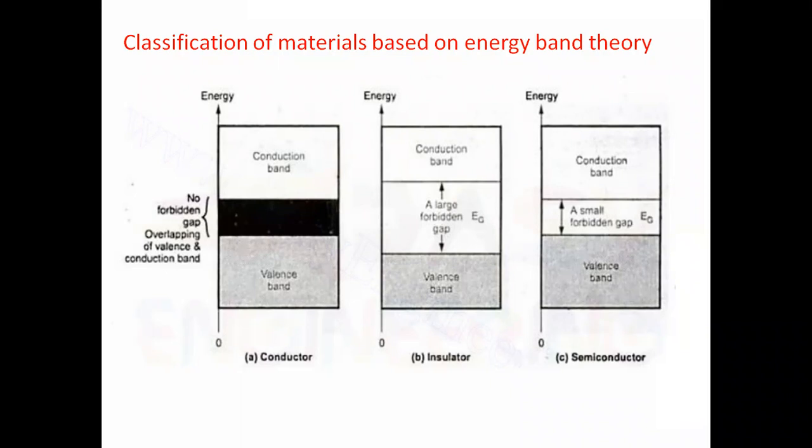At 0 degrees Celsius, there are no free electrons. If the temperature increases, that is nothing but applying thermal energy to the material. At room temperature, the materials generate free electrons, and those free electrons are placed in the conduction band.